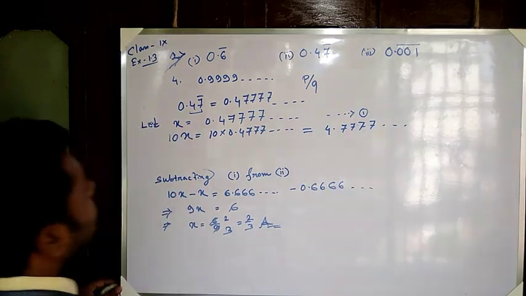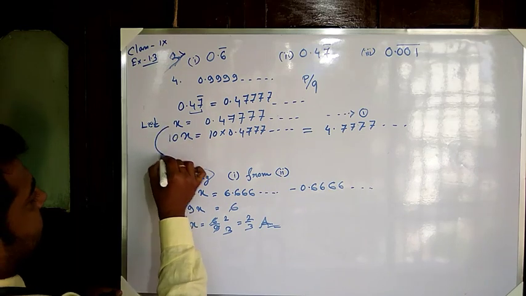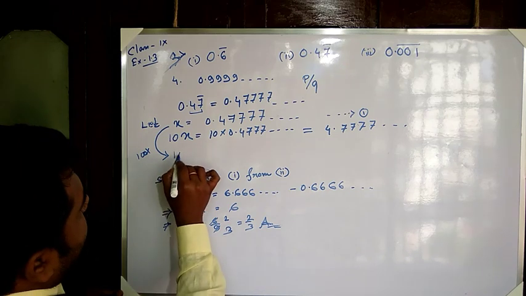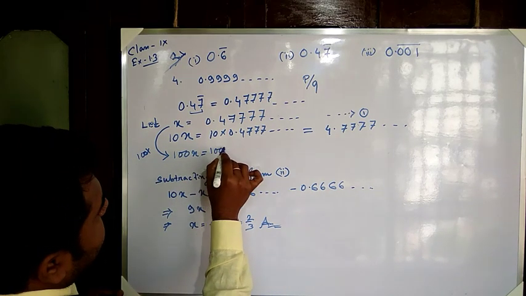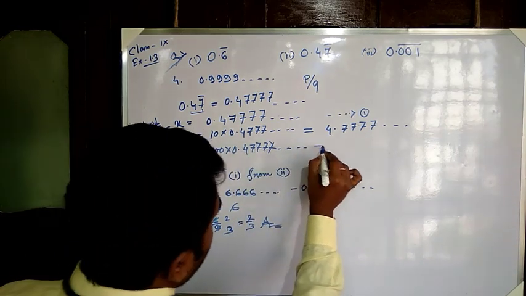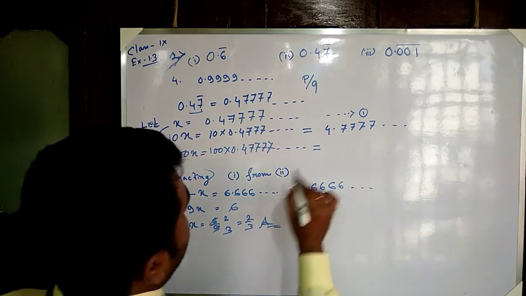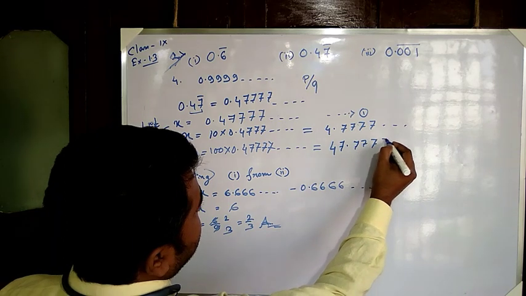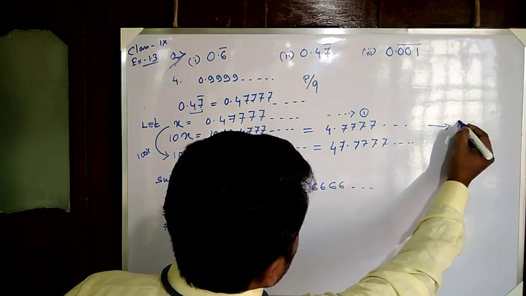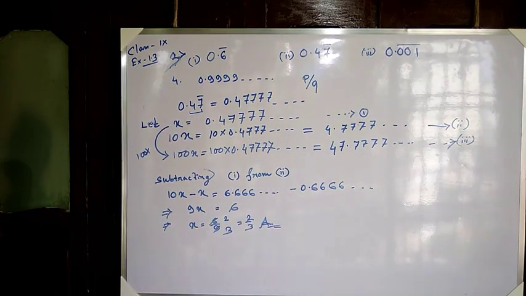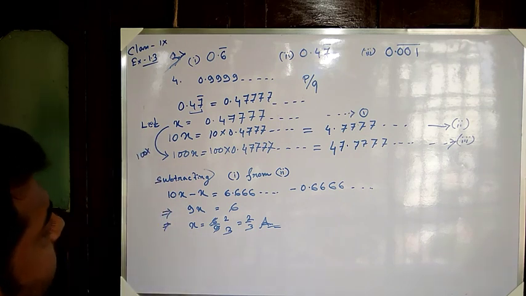4.7777 dot dot dot. Now if you multiply x by 100, you will get 100x equals 100 into 0.47777 dot dot dot equals 47.7777 dot dot dot. This equation is 2 and this equation is 3. Why do I have to multiply by 100?